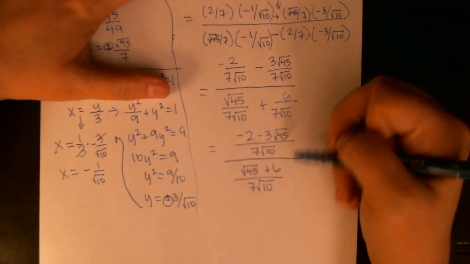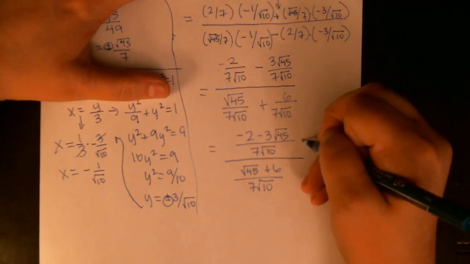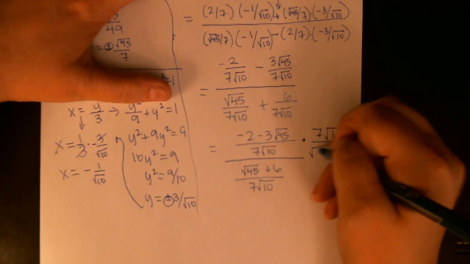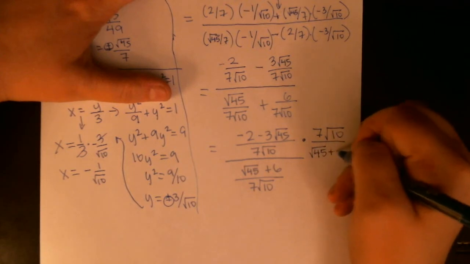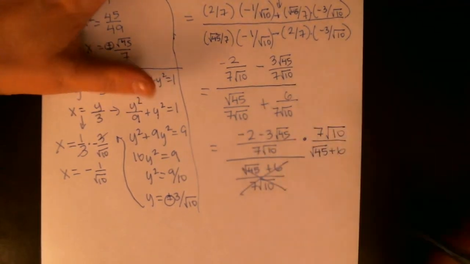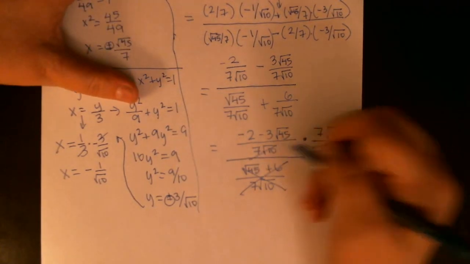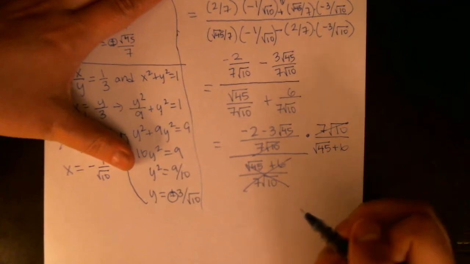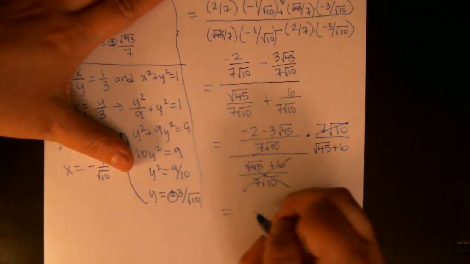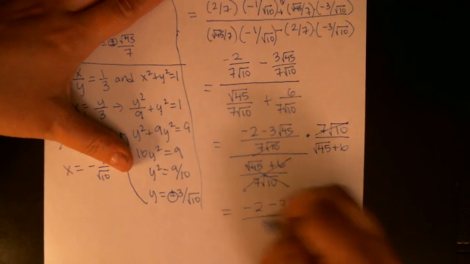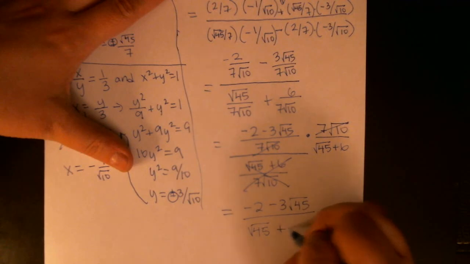What happens is we're dividing fractions, so we end up having to multiply by the reciprocal. So that gets rid of the denominator. So flip and multiply. And conveniently, that means that the 7 root 10s actually go away altogether. So we're left with negative 2 minus 3 root 45 over root 45 plus 6.